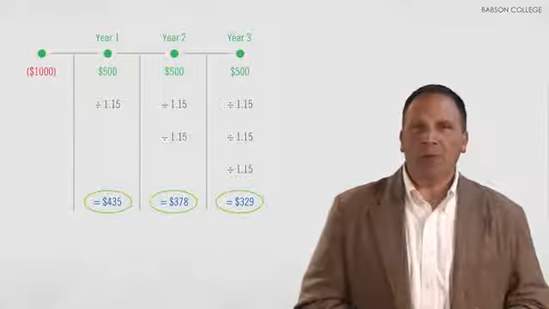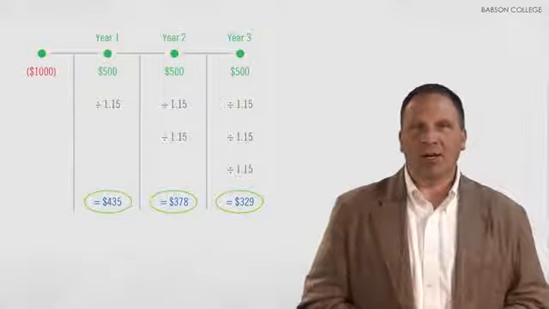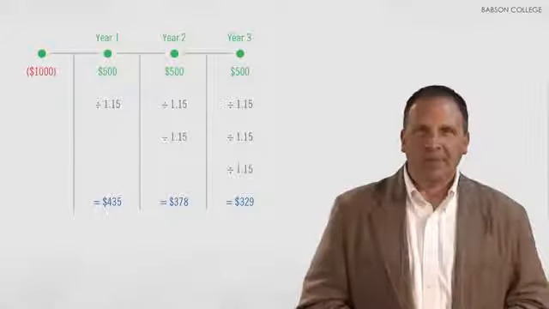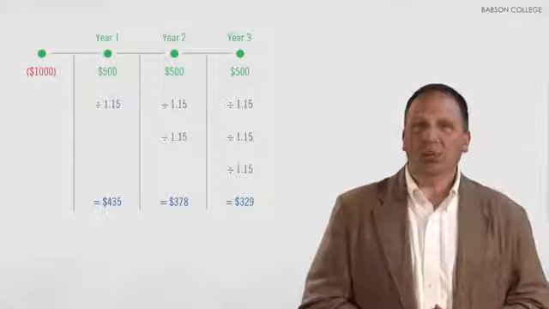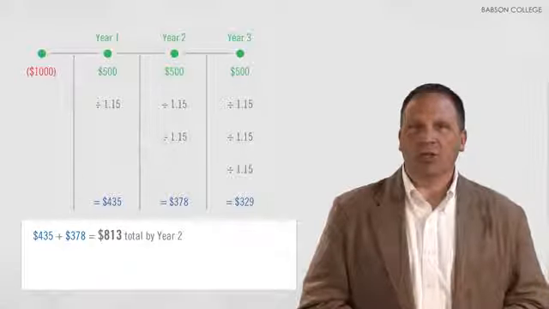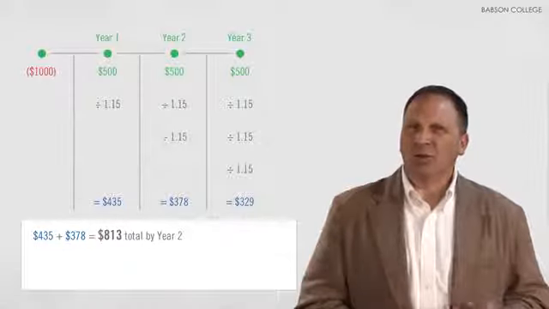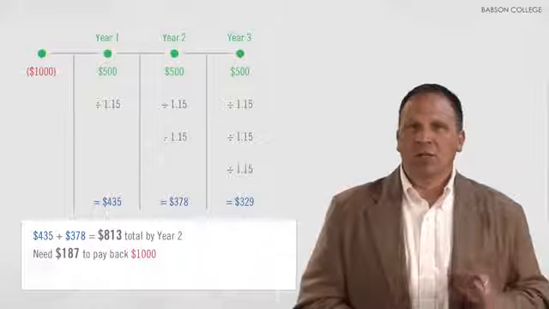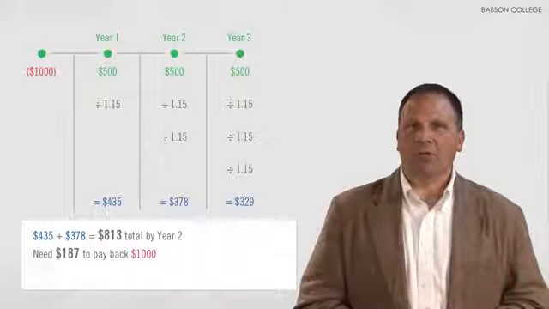Now, if you recompute payback using these values, you get a number, if you interpolate, roughly halfway in between 2 and 3 years. In other words, after 2 years, the project returns $813, so you still need about $187 to recoup the initial $1,000 investment.